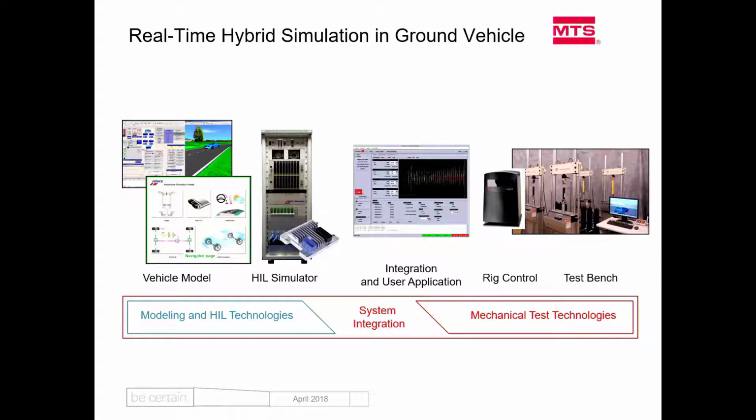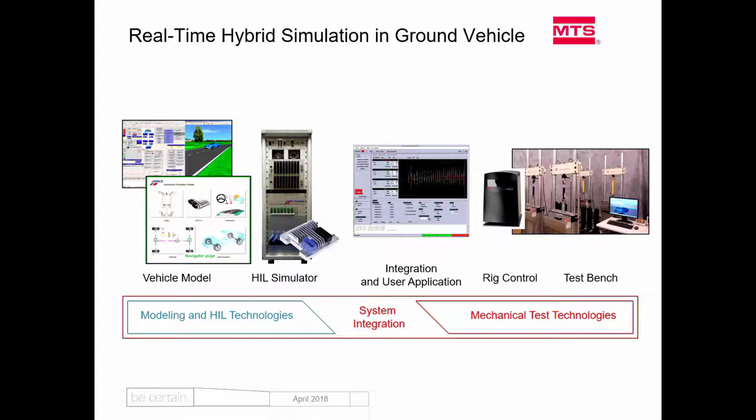In this application, MTS worked with Nissan Motors. Nissan Motors wants to design the damper system. Those are active damper systems, meaning that the damper properties will change depending upon the vehicle condition, vehicle speed, and all those things.